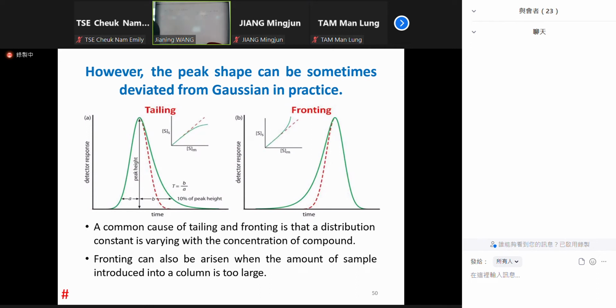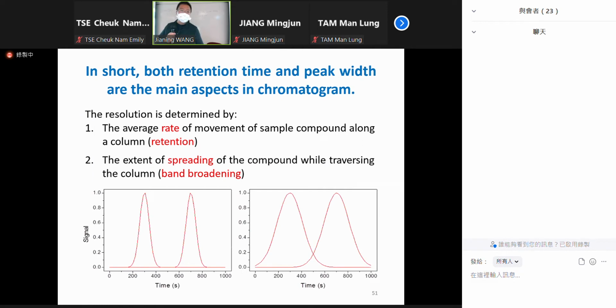We can still apply the classical theory to those peaks, and the result fits the experimental data quite well. So in short, both retention time and the peak width are the main aspects of a chromatogram.